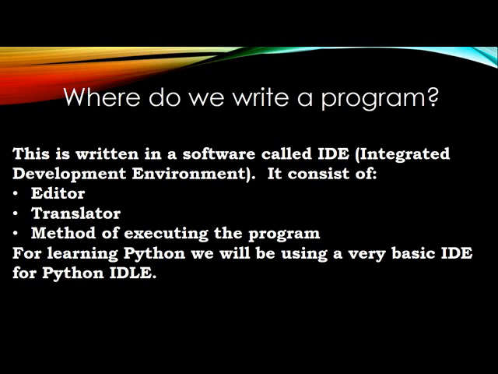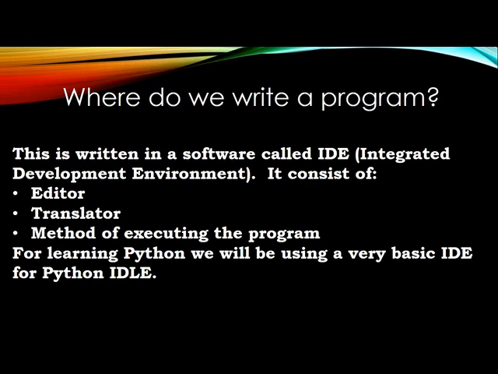Then we have the translator. Now, why a translator? From your childhood, you have been learning, and some of you are doing programming for the very first time, that the computer understands only one language, that is machine language. So here we have a translator that is used to convert the program which you have written to a language which is understood by the computer. I cannot say machine language, because nowadays the entire concept has changed.